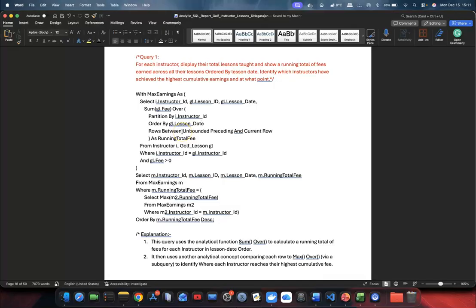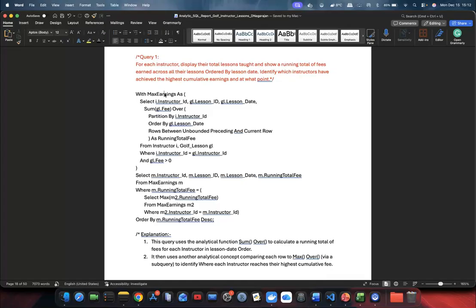Based on the question, this query answers the following: for each instructor, how do their earnings build up over time, and what is the maximum cumulative fee they have ever reached? It starts with the common table expression called max earnings. All these commands will be stored as a view in max earnings, and this can later be used as a table in the second query, which I will be explaining.